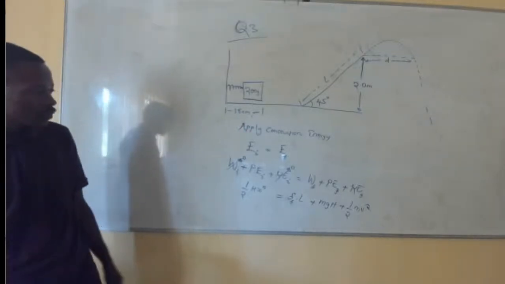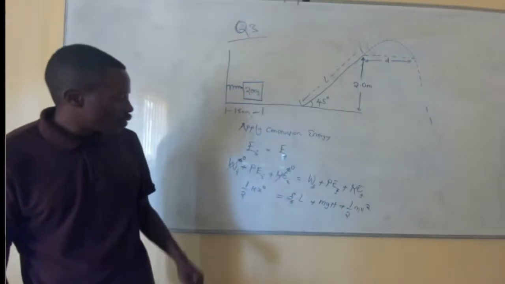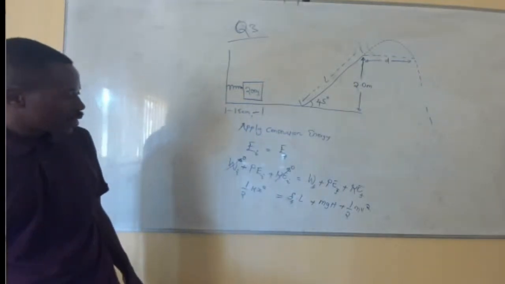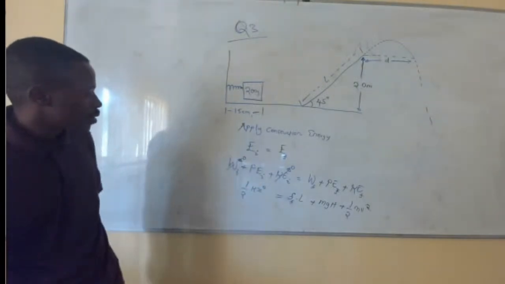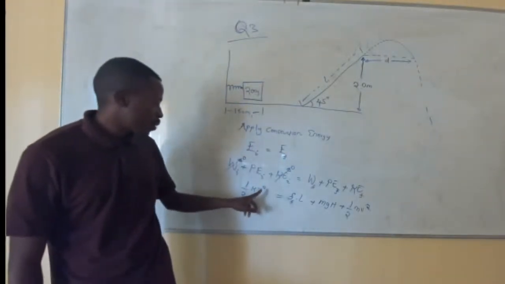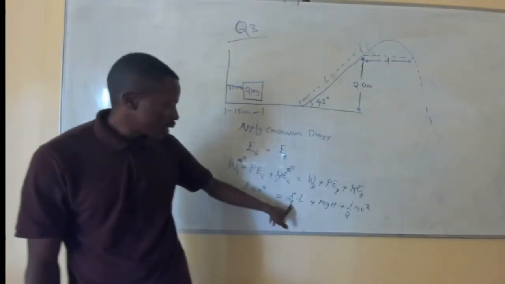Looking at our final equation, we look for the components that are missing in order to evaluate our system. We have K, we have been given x, we don't know the friction force, so we need to find that.